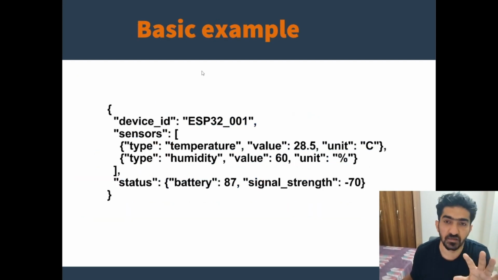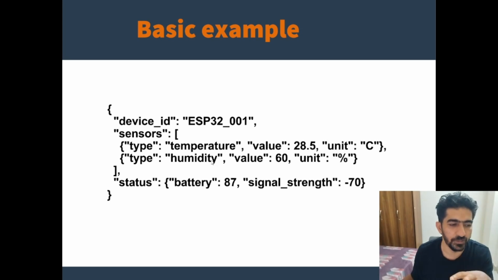Then comes a basic example I've taken from ESP32, which is a Wi-Fi embedded device. What it does here, if you see, is collect some information in this JSON format. For example, here we have the device ID. So what is the device ID? ESP32, and here we have the version. And here is a sensor. So we have a list of sensors that are connected or communicating through ESP32, getting the temperature value and units.